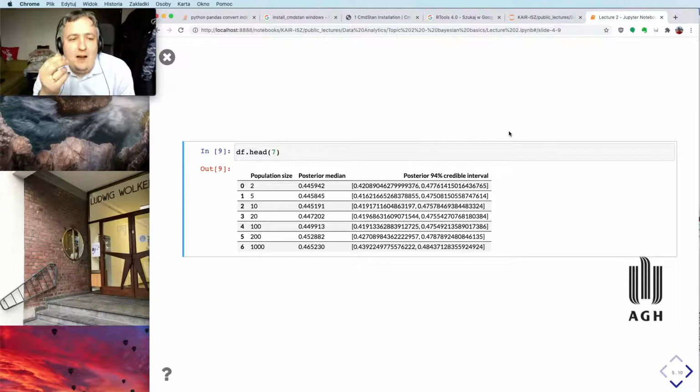So having our probability interval, we can now see that the bigger the population, the median is moving towards the mean of the initial computation, and the interval by itself is also getting moved away.